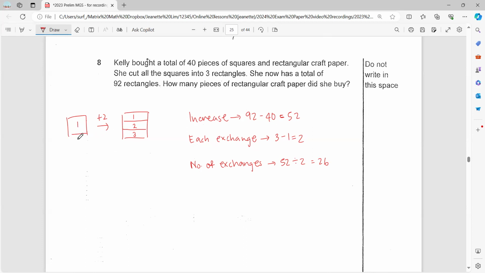This means that there were actually 26 squares at first. So if there are a total of 40 pieces at first and 26 of them are squares, then we take 40 minus 26, which is 14 rectangles at first.